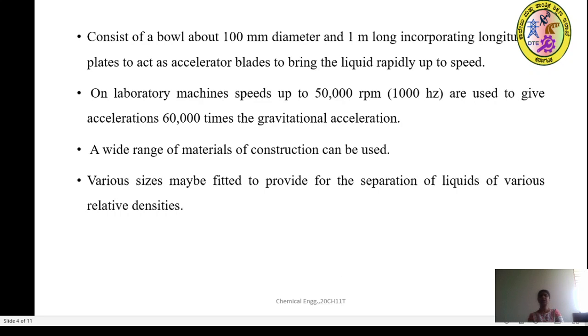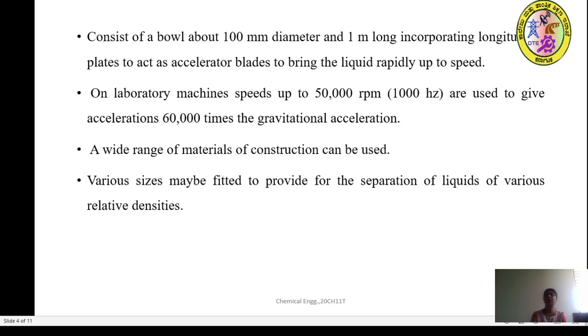Coming to the construction part, observe what exactly the parts consist of. The diameter of the bowl is about 100 mm and it is 1 meter long, and it consists of longitudinal plates which act as accelerator blades to bring the liquid rapidly up to speed.